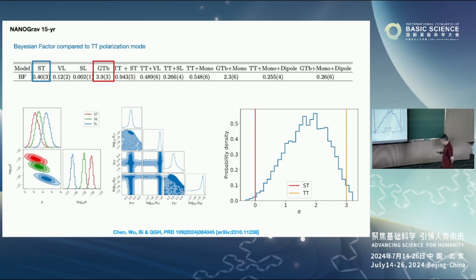A simple explanation is that this dataset includes both of them. So here we take the ST and the TT modes into account simultaneously, and we find two peaks, right? So if this dataset can be trusted, it prefers that both polarization modes are present: one is the TT mode, and the other is the ST mode.